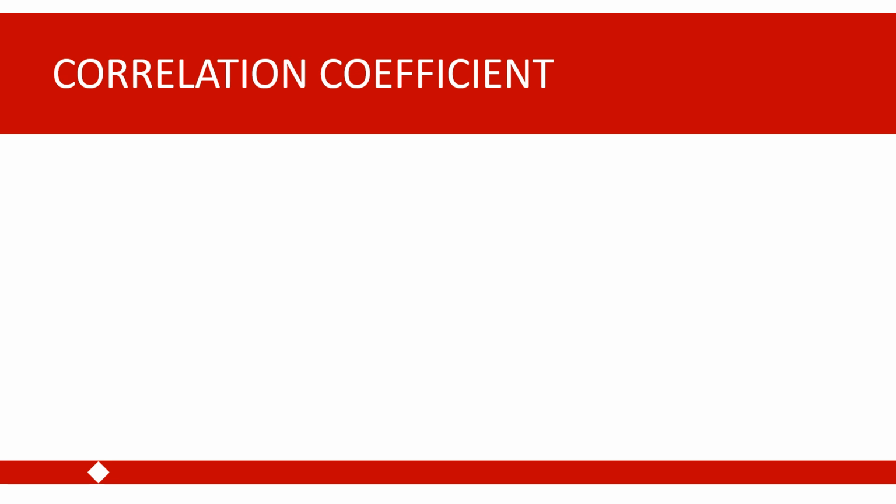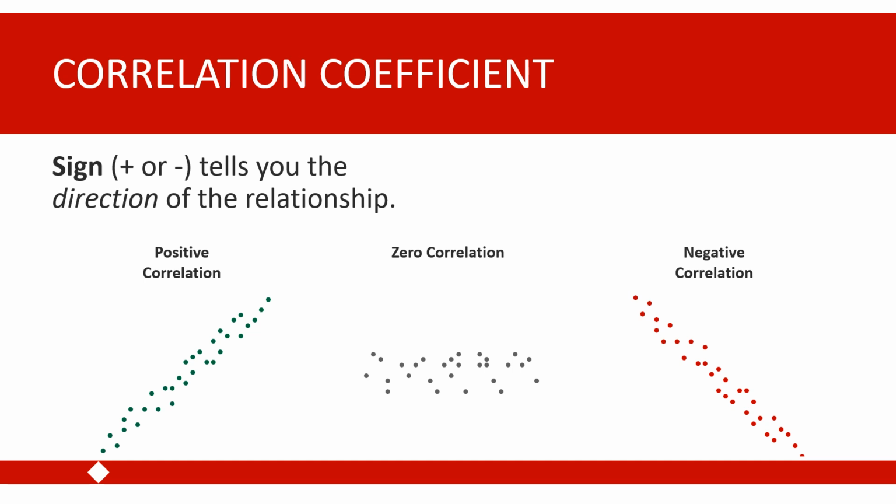And there are two important things that you want to pay attention to when you're interpreting correlation coefficients. The first thing you want to pay attention to is the sign of the correlation coefficient. The sign of this number tells you the direction of the relationship. You can think of the sign as telling you about the slope of the association between two variables.